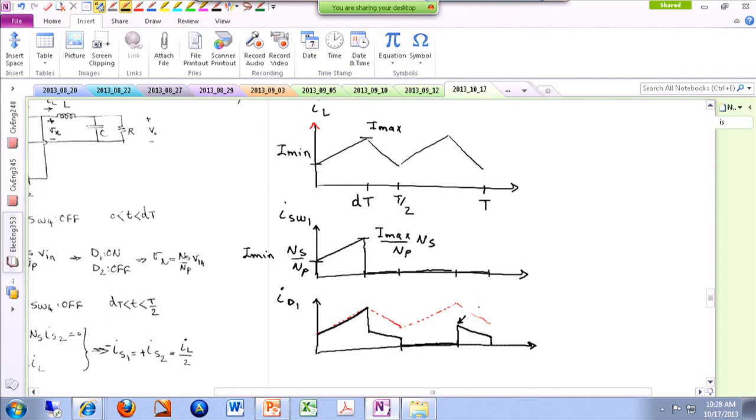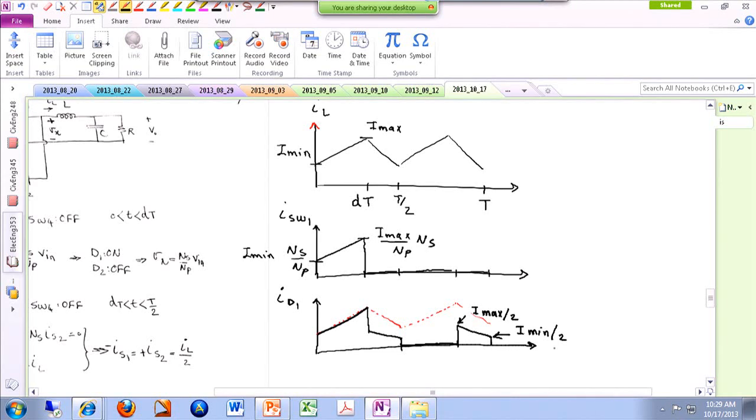This peak is I max over 2, and this is also I min over 2. So this was for the first diode, and then you can do the same thing for the second diode. Any questions? All right, so let's move on.